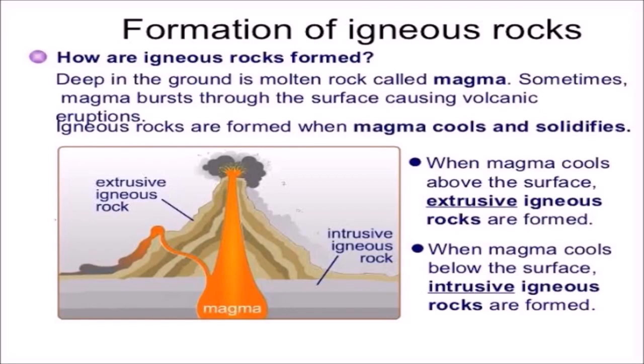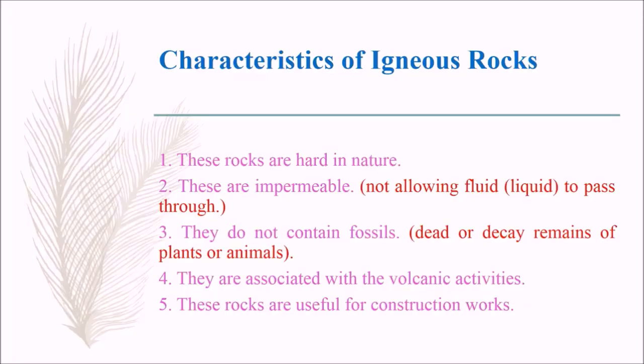Igneous rocks are formed when magma cools and solidifies. When magma cools above the surface, extrusive igneous rocks are formed, whereas when magma cools below the surface, intrusive igneous rocks are formed.